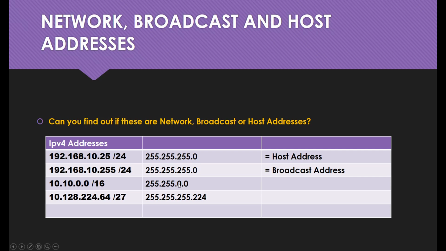So clearly we can see that it being .0.0 is a network address, because that is the first IP we can get from this IP range. So let's see if that's actually true.